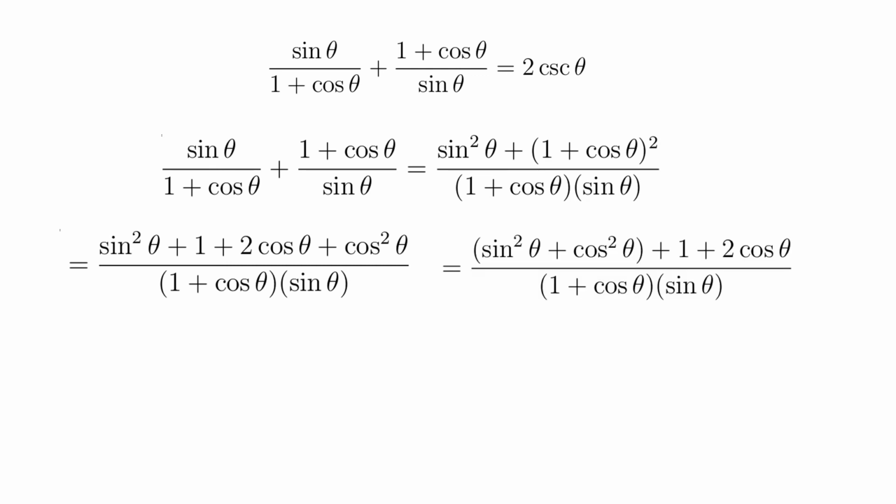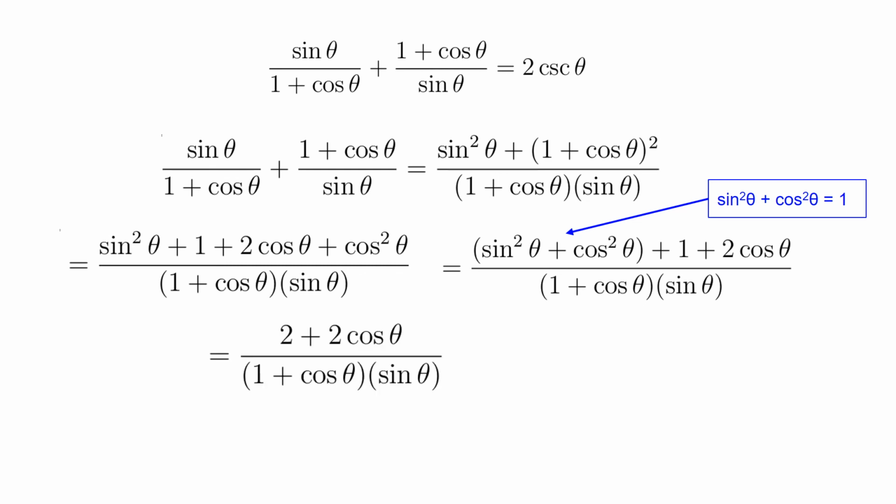We group the sine squared theta and cosine squared theta terms together, because we'd like to use the identity sine squared theta plus cosine squared theta is equal to 1. We substitute in the 1, and the numerator becomes 1 plus 1 plus 2 cosine of theta, which simplifies to 2 plus 2 cosine theta.